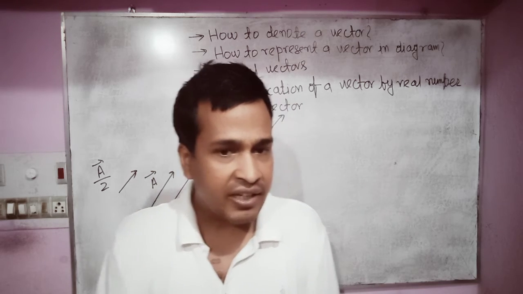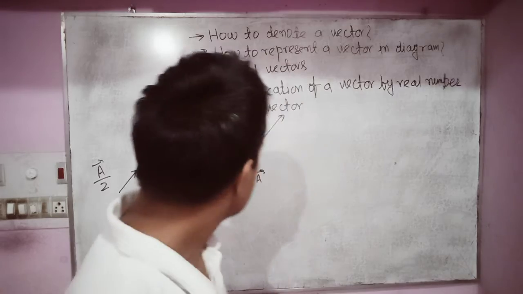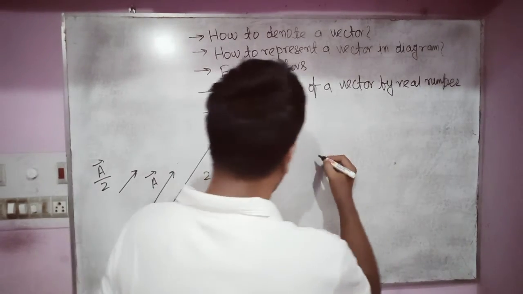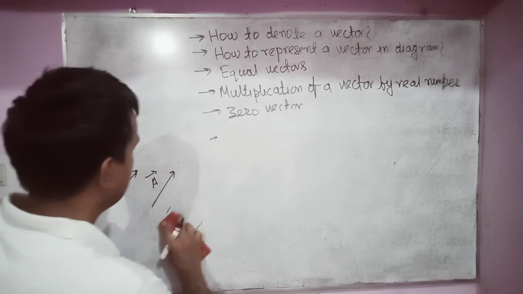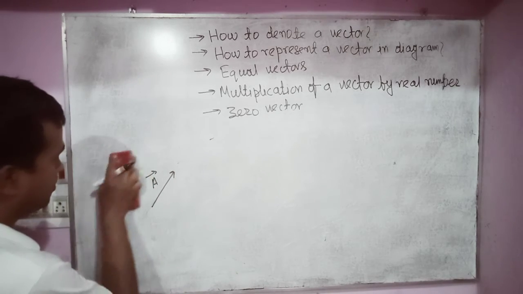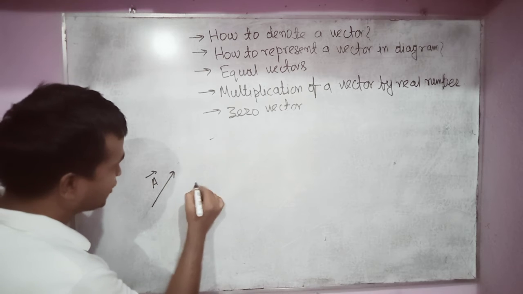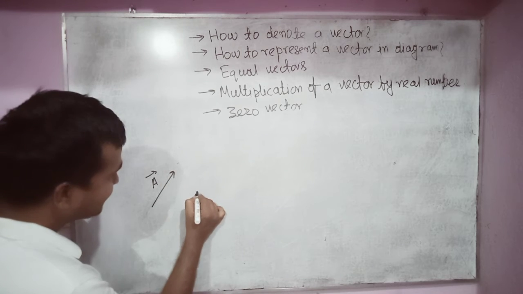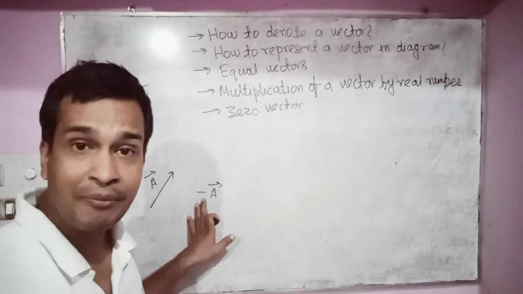Now what if we multiply a vector by a negative number? First of all, we multiply A by -1, then it will be minus A. So how can we draw vector -A?